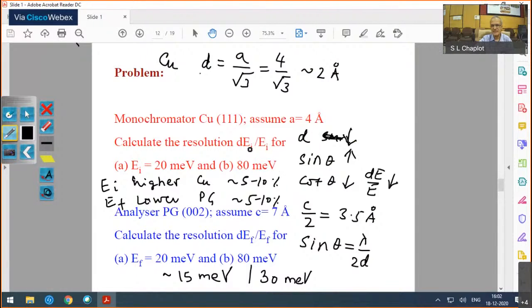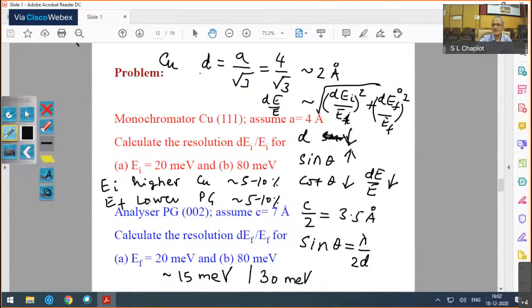So the net resolution for your measurements will have contributions from dEI by EI from the monochromator and dEF by EF from the analyzer, and it is the sum of squares average. Approximately, your net dE by E would be the square root of the sum of squares. It's not exactly the case, one has to see the proper correlations, but that is a thumb rule one can use.